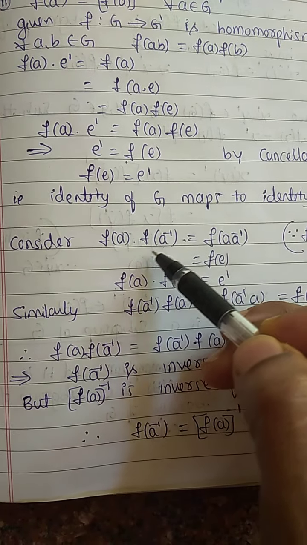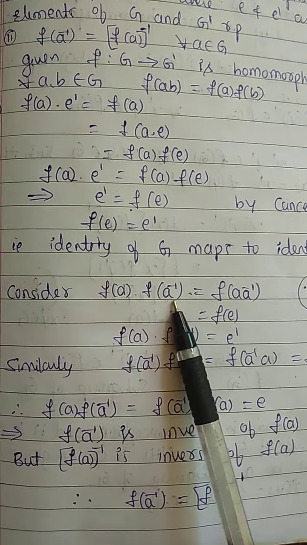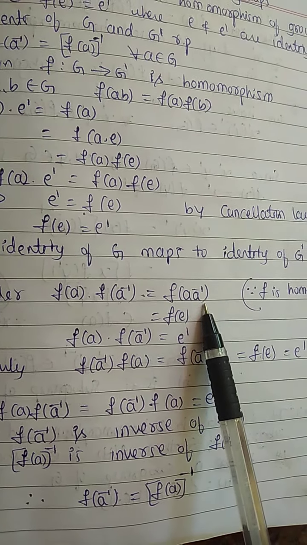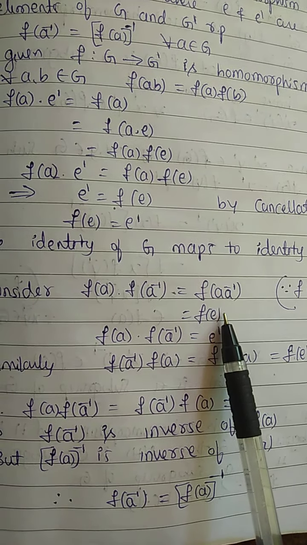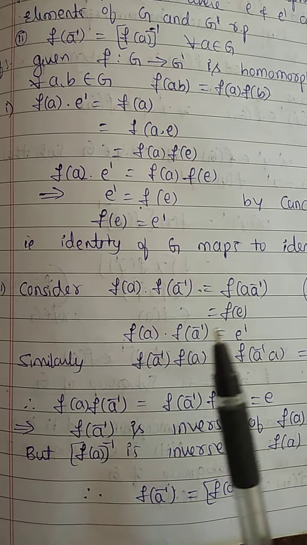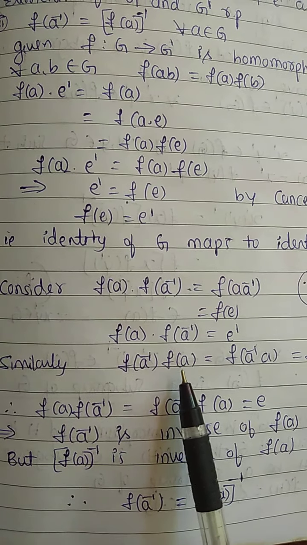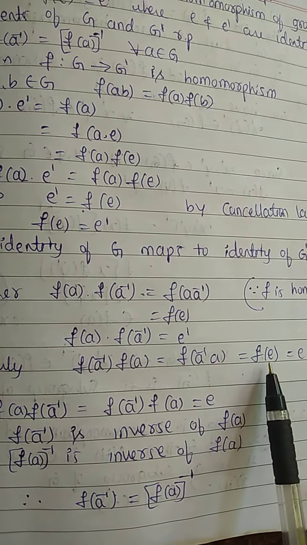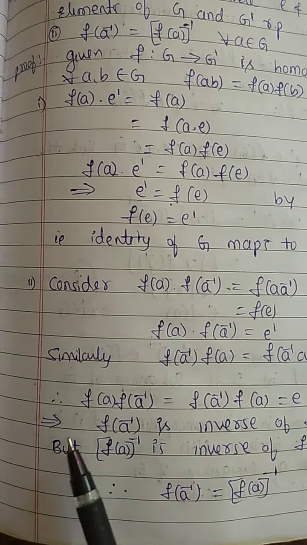Consider f of a into f of a inverse, which can be written as f of a into a inverse, because f is a homomorphism. A into a inverse is e, and f of e is e dash. Similarly, f of a inverse into f of a equals f of a inverse into a, which is f of e, and f of e equals the identity element of G dash, that is e dash.